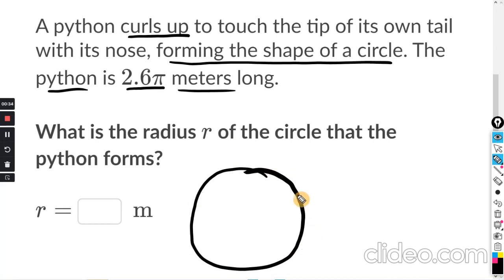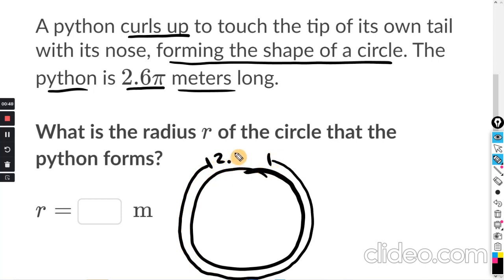All right. And it says the python is 2.6 pi meters long. So if this is the python here, the distance around this entire circle is going to be 2.6 pi meters. All right, so basically distance around equals circumference.